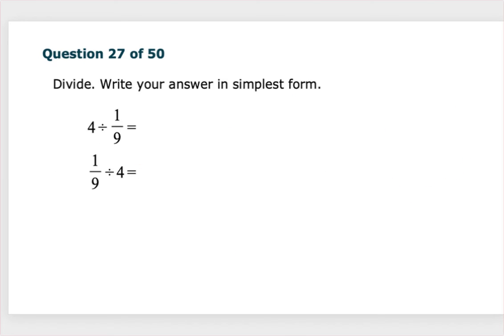And number 27. Divide. Write your answer in simplest form. Remember, division of a fraction is multiplication by its reciprocal. 4 times 9/1 is the same as 4 times 9, which is 36.